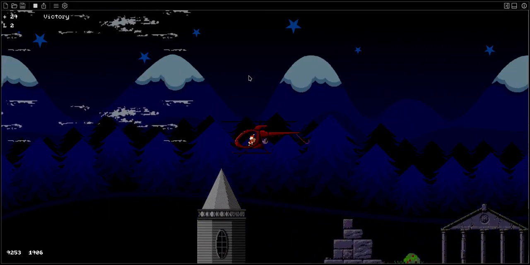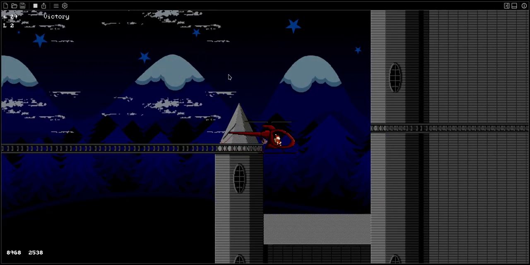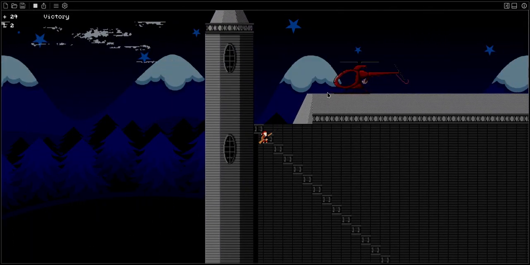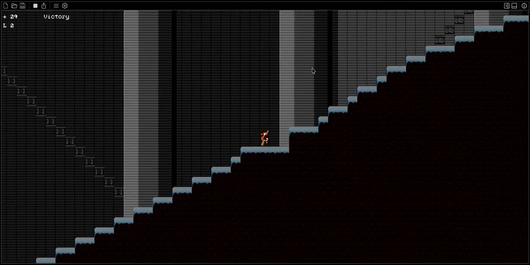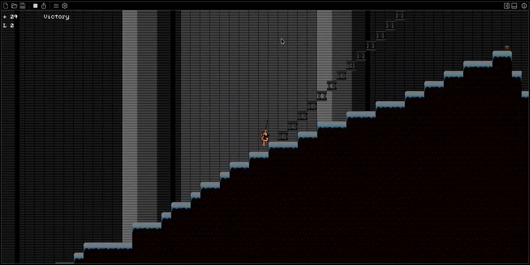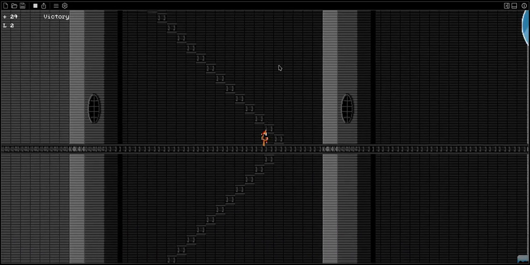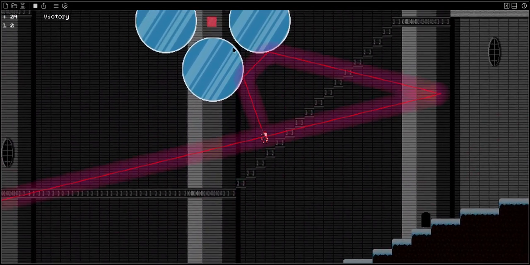And if you're so curious as to see what's in the castle, we can go down. Here's our big quad reflector.